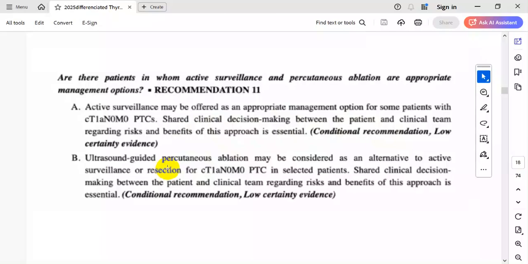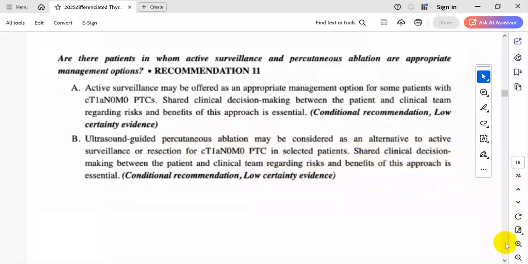Also, ultrasound guided percutaneous ablation may be considered as an alternative to active surveillance or resection for T1 N0 cancer in selected patients. That's why it is essential to share the clinical decision with the patients and the medical team.